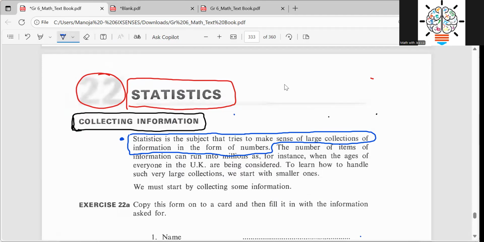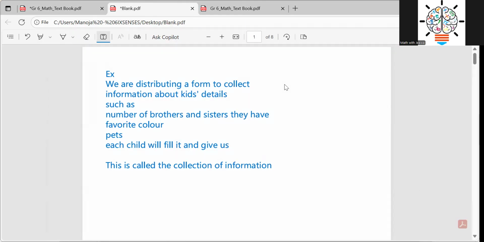Let's say for an example, we are distributing a form to collect information about kids' details, such as the number of brothers and sisters they have, their favorite color, their pets. Each child will fill it and give it to us, right? Why are we distributing a form? To collect information about what?